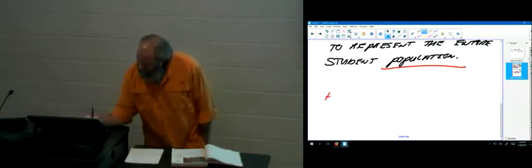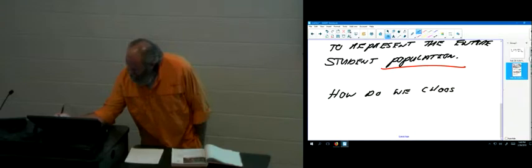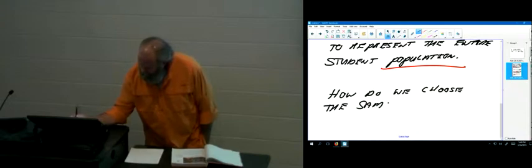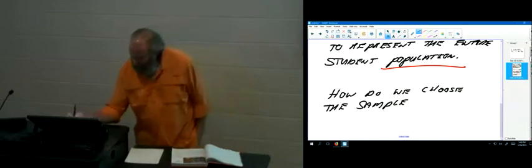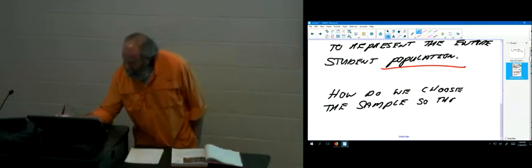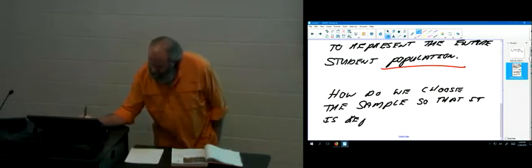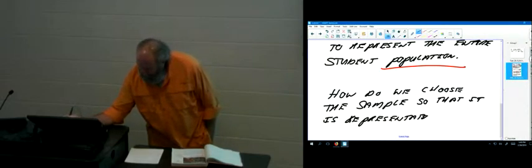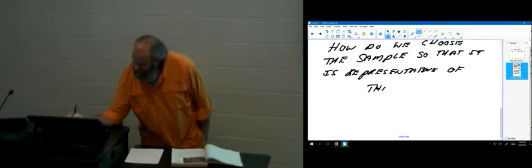How do we choose the sample? That's not all of it. There's more to it than just how do we choose the sample. How do we choose the sample so that it is representative of, and I'm just going to say, whatever population we are interested in.